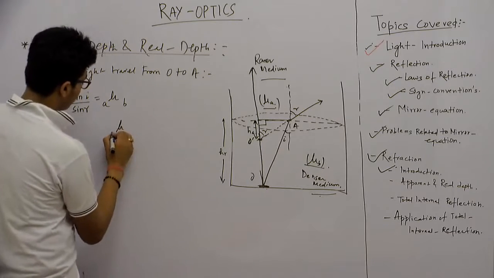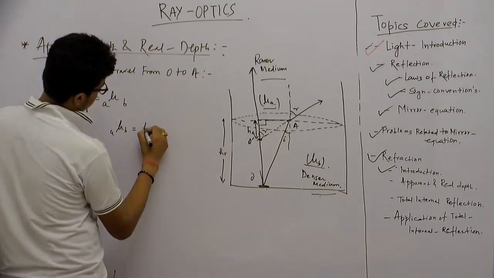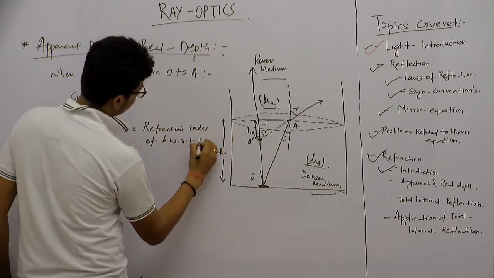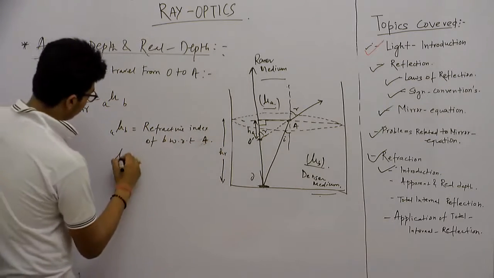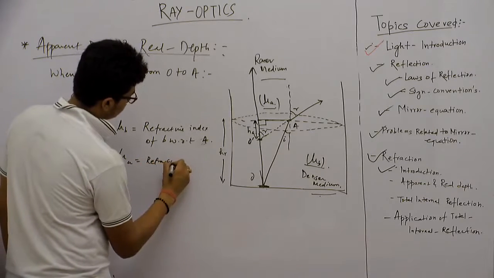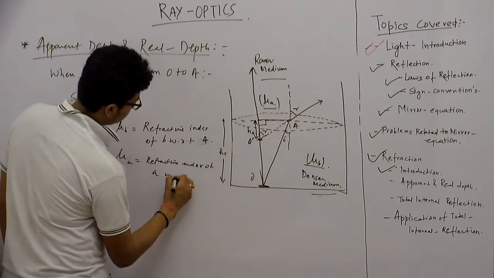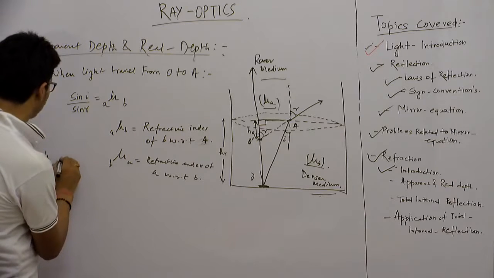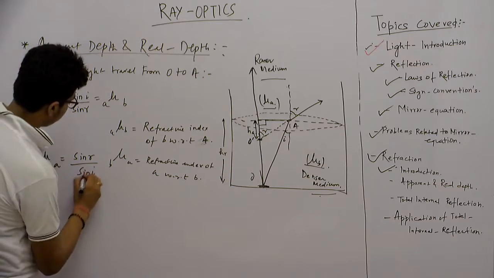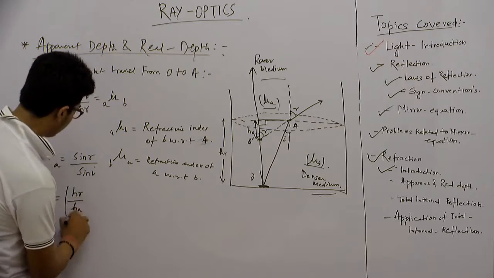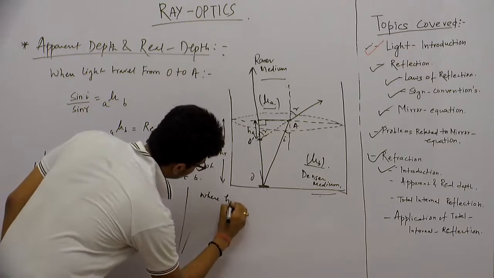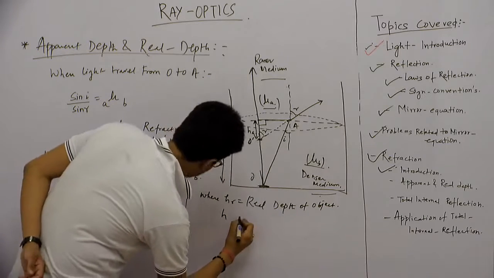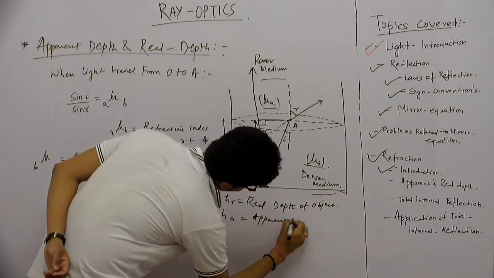Here it means mu of AB is the refractive index of B with respect to A. And when we write mu of BA, it means the refractive index of A with respect to B. So B with respect to A is written as sine of R by sine of I, that is HR by HA, where HR is the real depth of the object and HA is the apparent depth.